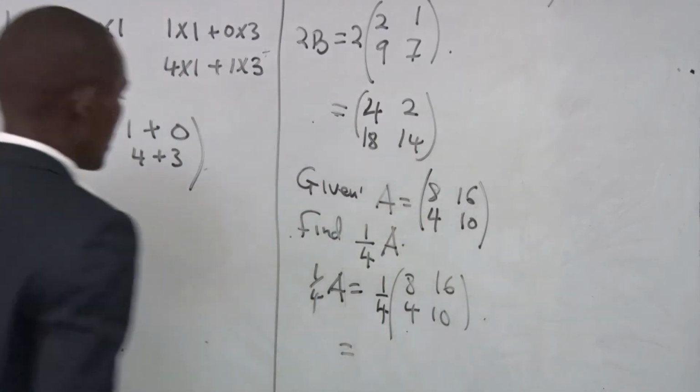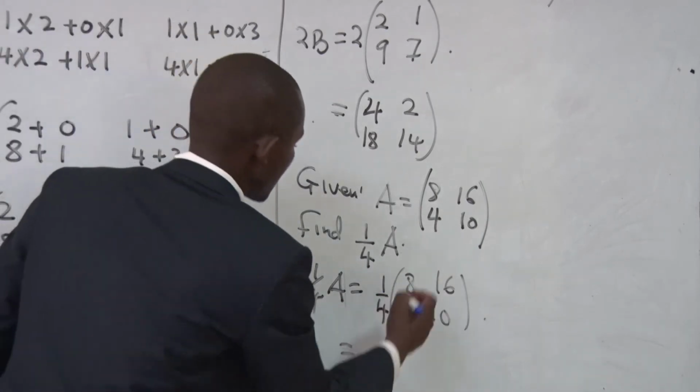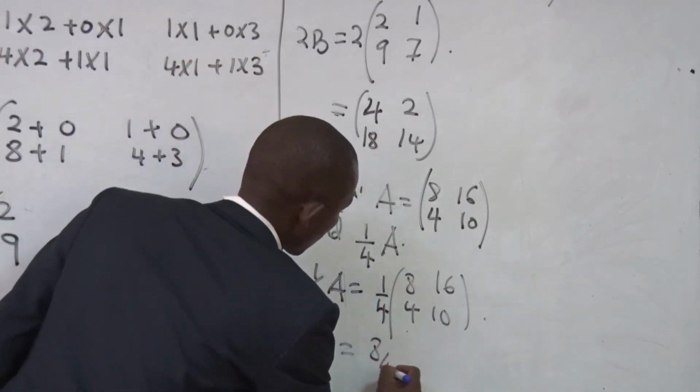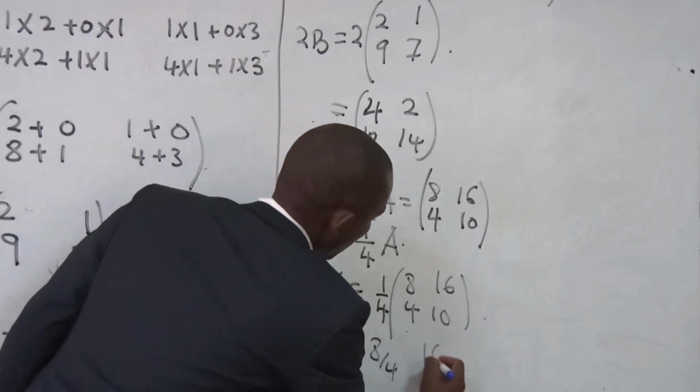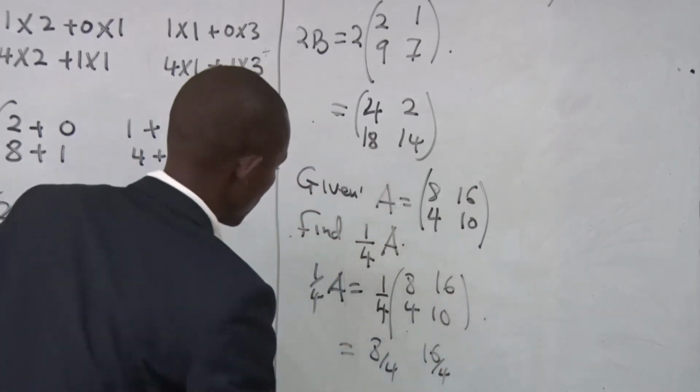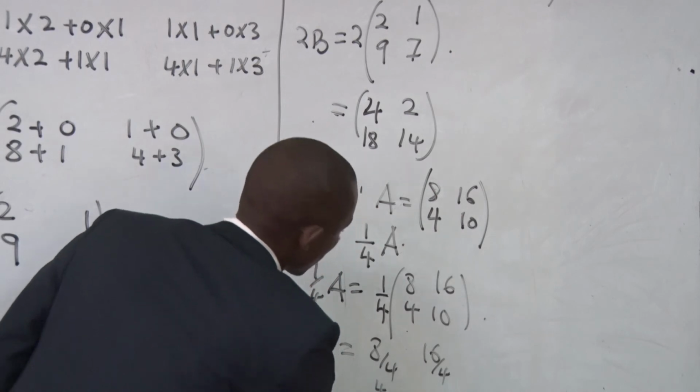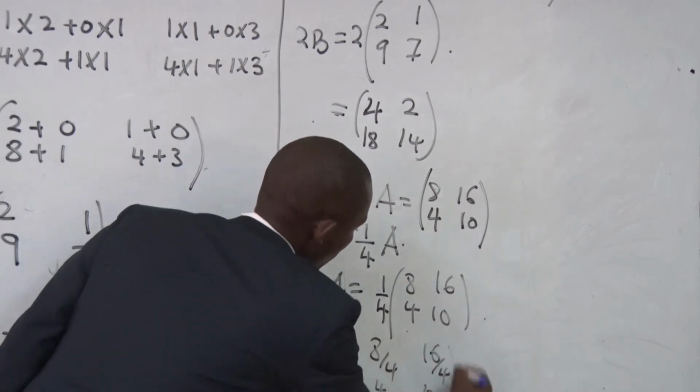So this will be the same as 8 times a quarter, you can even have it as 8 over 4, 16 over 4, and then 4 over 4, 10 over 4.